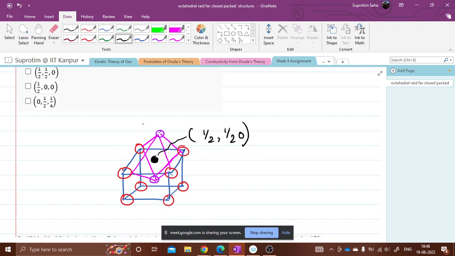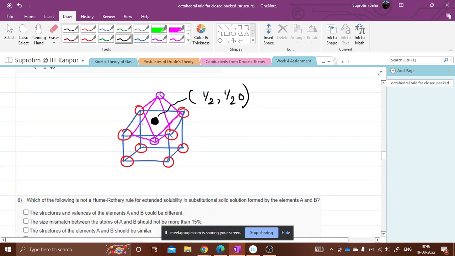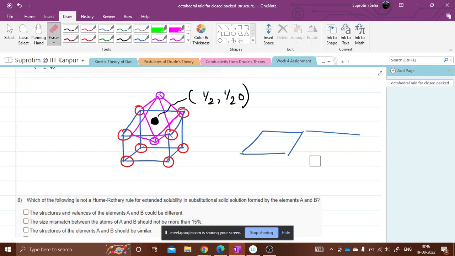Now this is not the only possible scenario for the octahedral void. What you can also do is let me draw a proper picture now. So let me draw this adjacent one also.